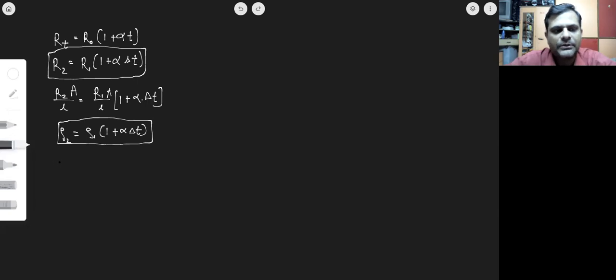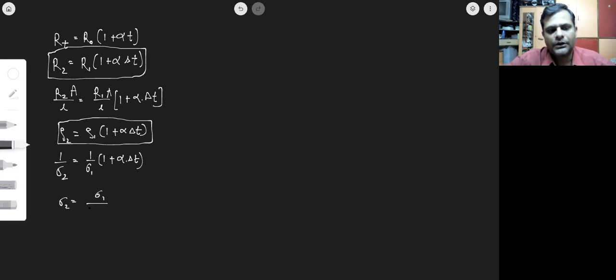You can use the binomial approximation and get that here this rho 2 can be replaced by 1 upon sigma 2, that is conductivity at high temperature, which will be 1 upon sigma 1, which is the conductivity at low temperature, into 1 plus alpha into delta T, so that we can cross multiply and get this as sigma 2 to be simply equal to sigma 1 upon 1 plus alpha into delta T.